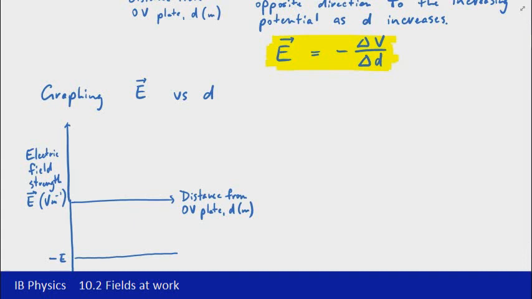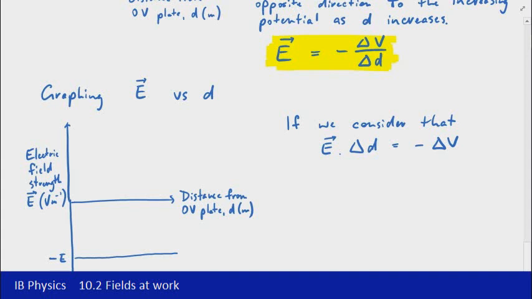One other useful quantity here too: if we take that relationship and we just manipulate it a little bit, if we take the vector E and multiply it by the change in distance, we actually end up with the value of negative delta V, so whatever the change in potential is.